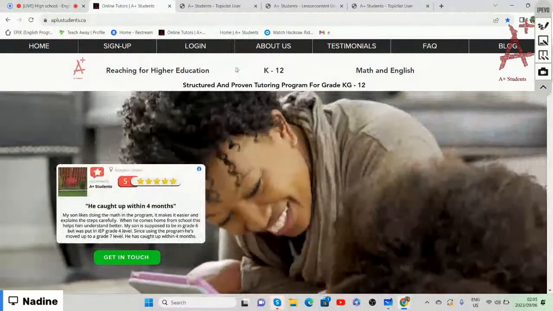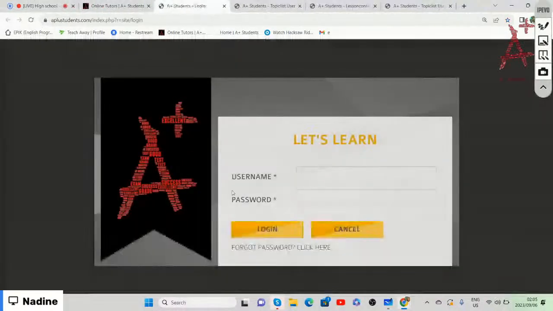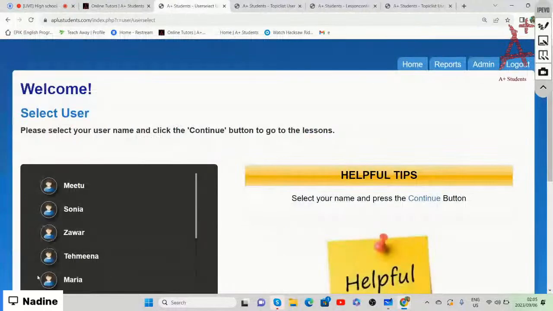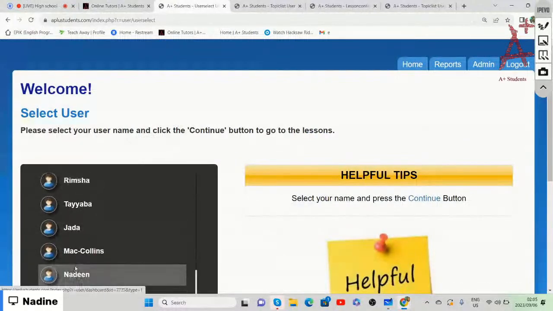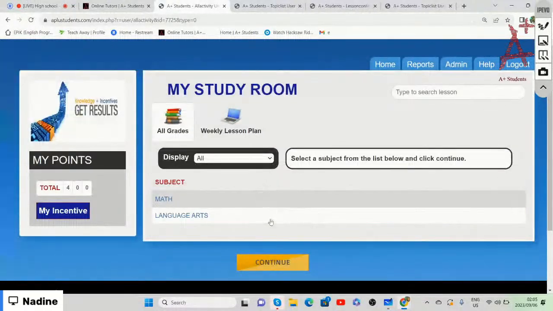So before we start, we're going to log into aplusstudents.ca. We're going to log in with our username as well as our password, and then select the subject of language arts.